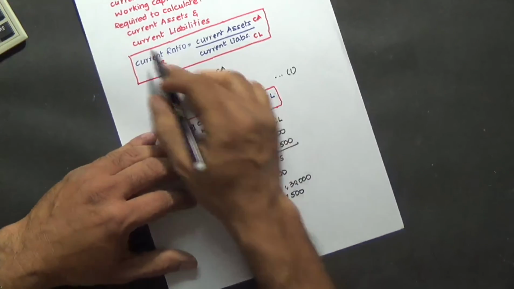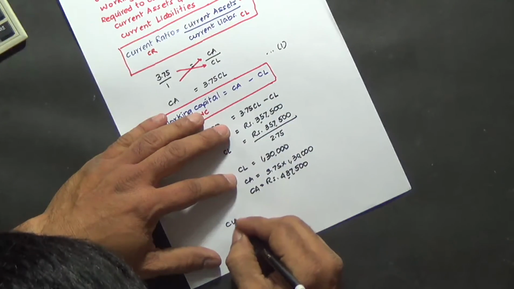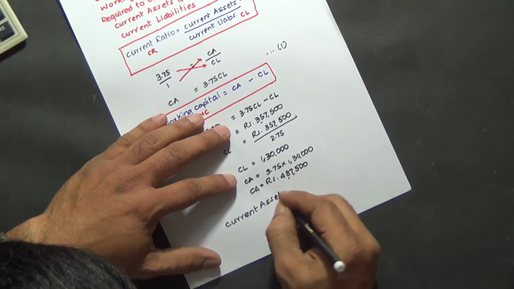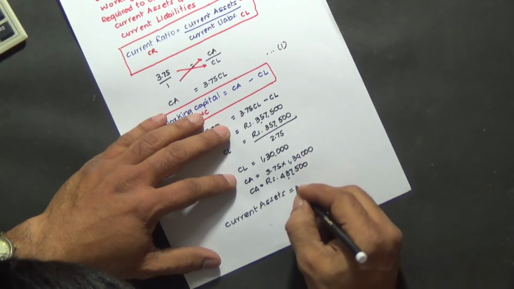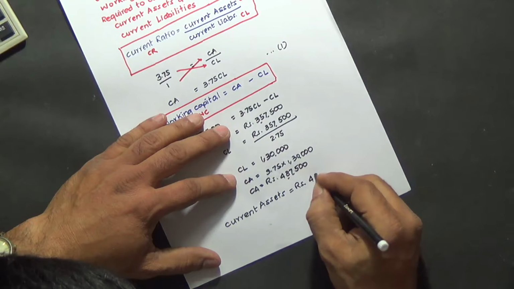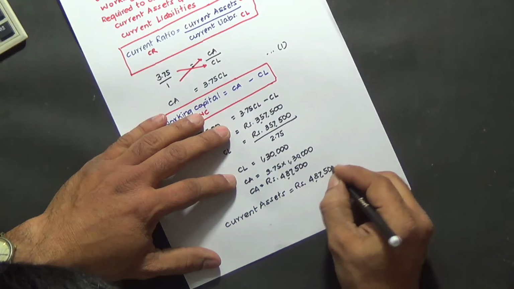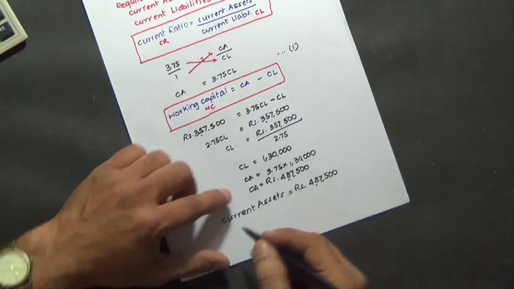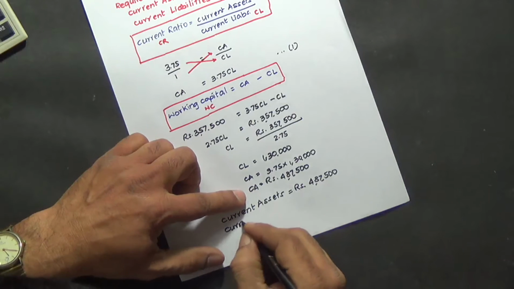So required current assets is equal to rupees 4,87,500, and current liabilities is rupees 1,30,000.